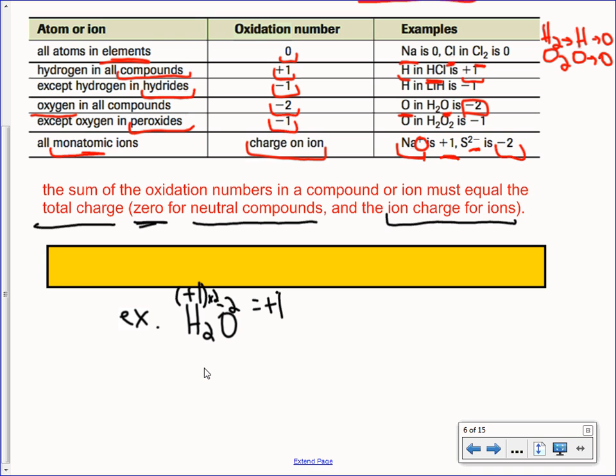So we have a +1 for hydrogen, another +1 for hydrogen, and a -2 oxidation number for oxygen. The sum of those is going to be 0. Water is a molecule with no net charge on it, so it has a neutral charge. So we would expect our oxidation numbers to add up to 0.